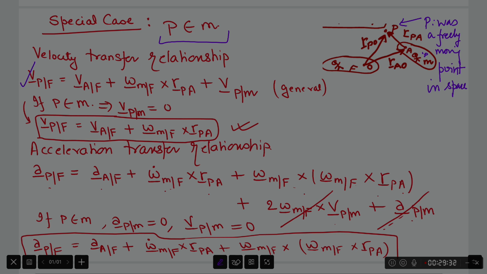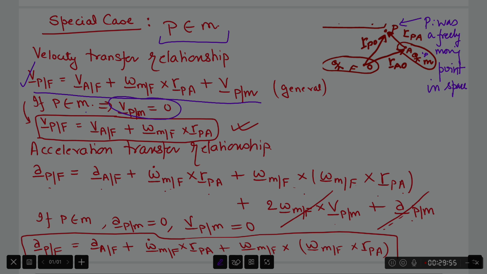So this is the velocity transfer relationship in its full glory for any particle P in general. But if P is fixed in M, then Vpm is got to be 0. If P is fixed in M, then for an observer who is tied to M, P is going nowhere.